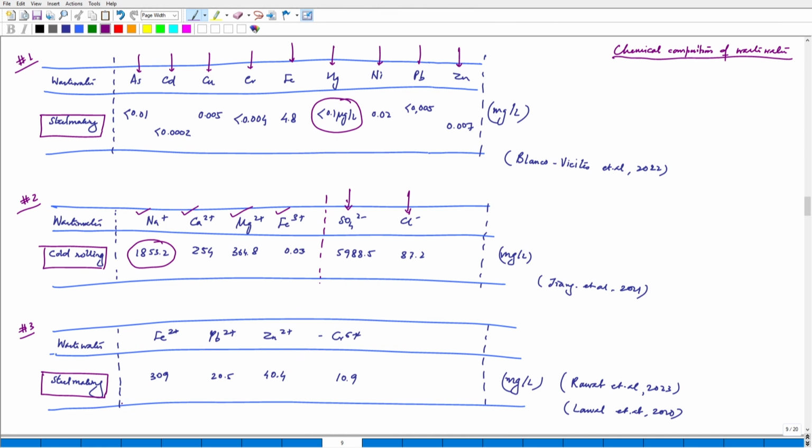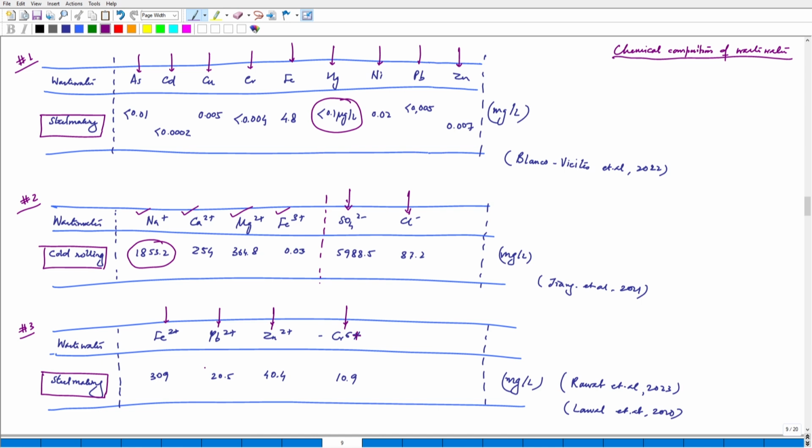Again, from a different steel making wastewater stream, we see the concentration of Fe2+, Pb2+, Zn2+ and Cr6+, basically hexavalent chromium. These are present in such quantities. Again the concentration is given in milligrams per liter, and we see that 309 milligrams per liter is the concentration of iron.